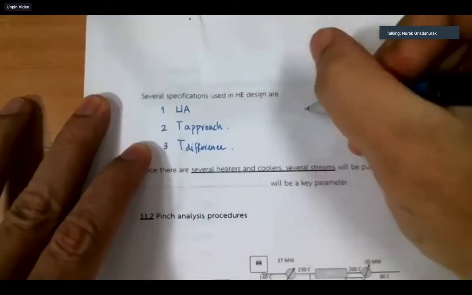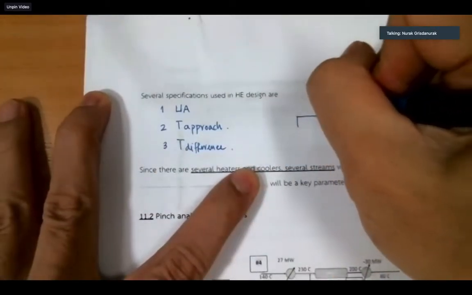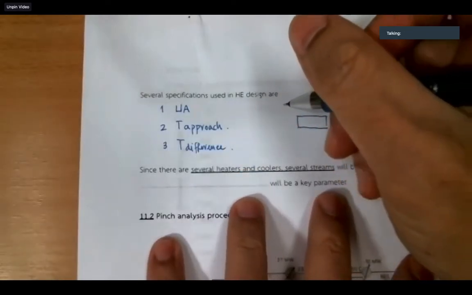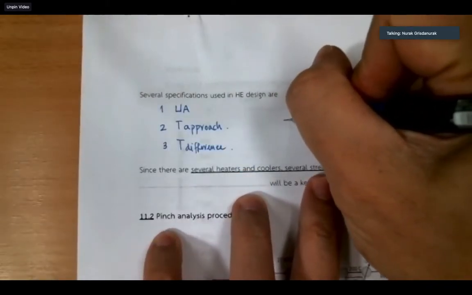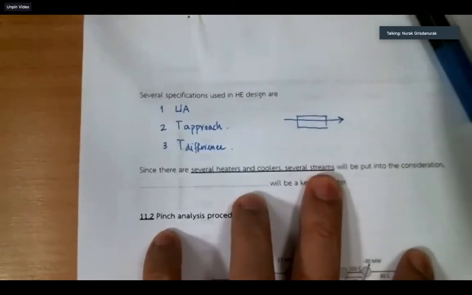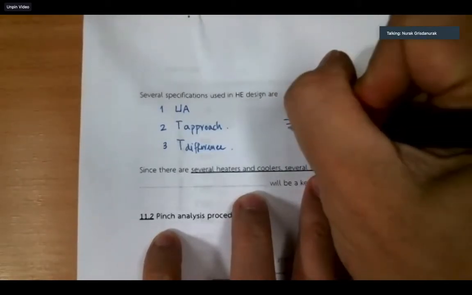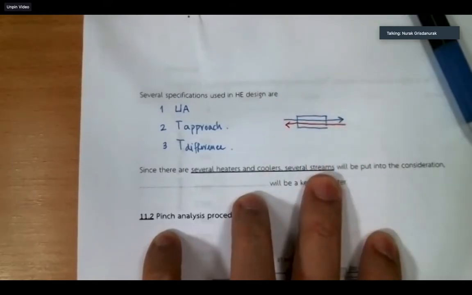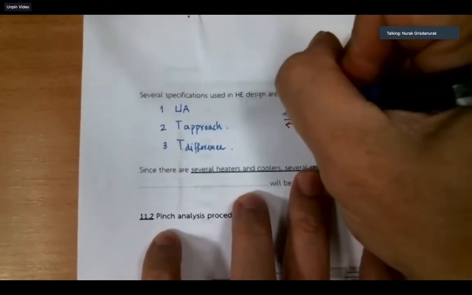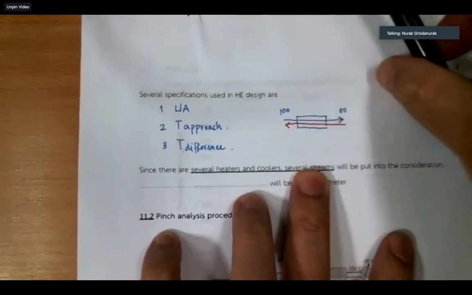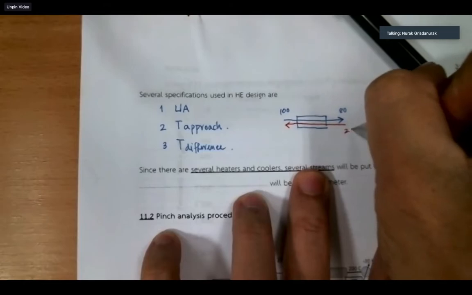It means that for the temp approach, for example, hot stream and cold stream. Temperature inlet is around 100, leaving at 80 degrees Celsius, while this one is 25 degrees Celsius.